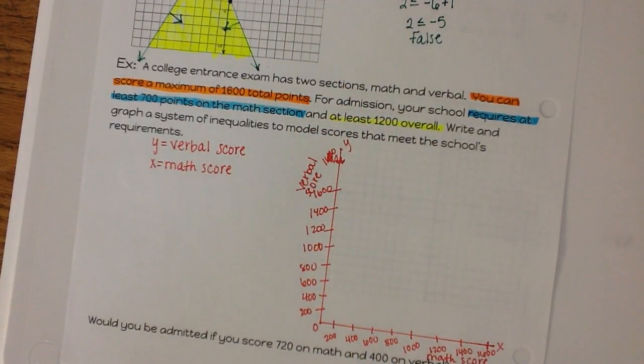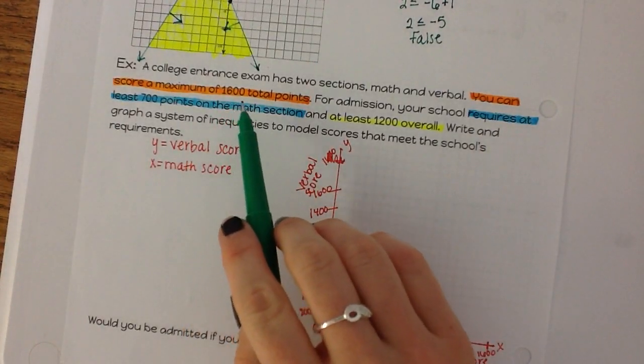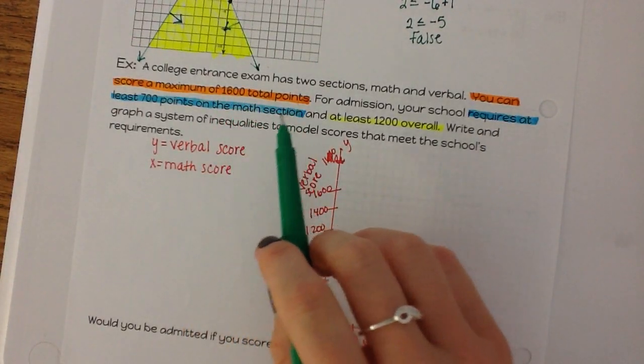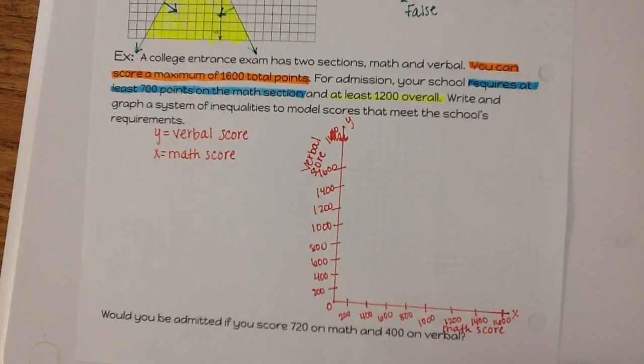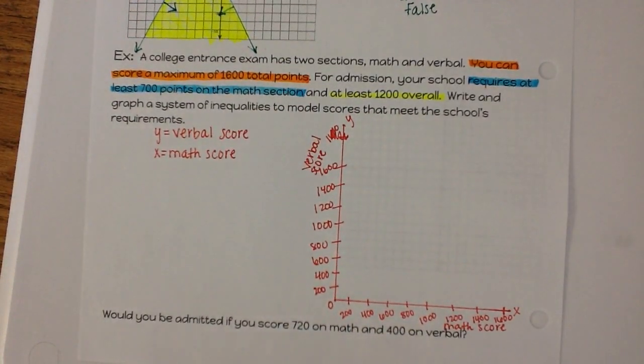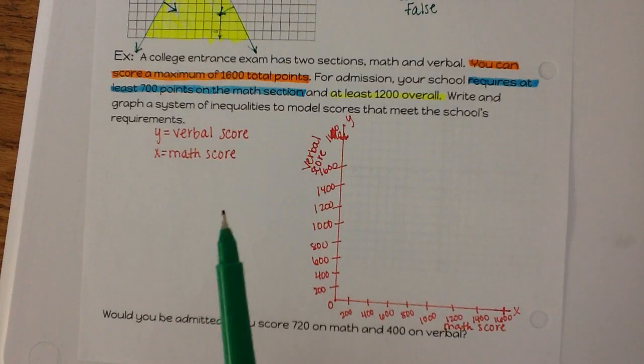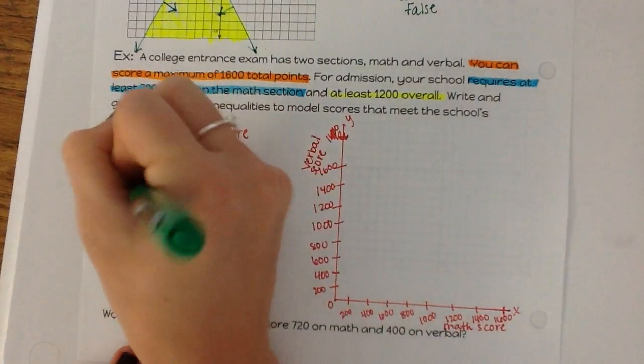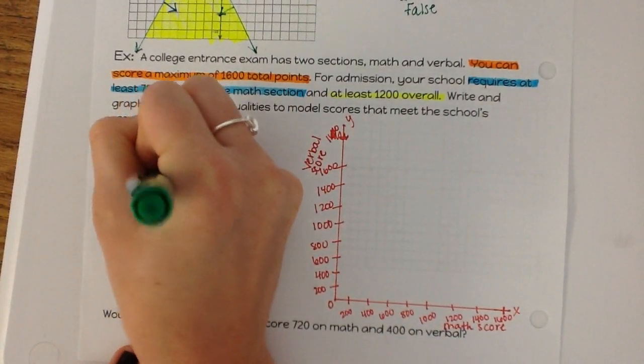Okay, so let's go ahead and write our system of inequalities. So, the first one, it says that we can score a maximum of 1,600 total points. So if we have a maximum of 1,600 total points, that is our verbal score and our math score combined. So that's going to be our math score plus our verbal score.